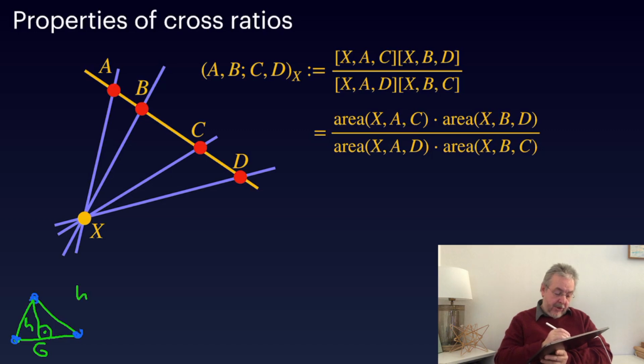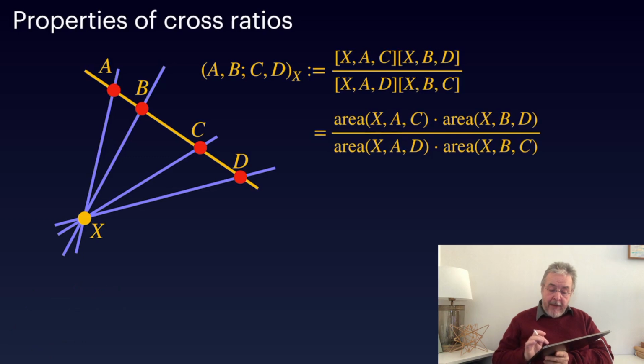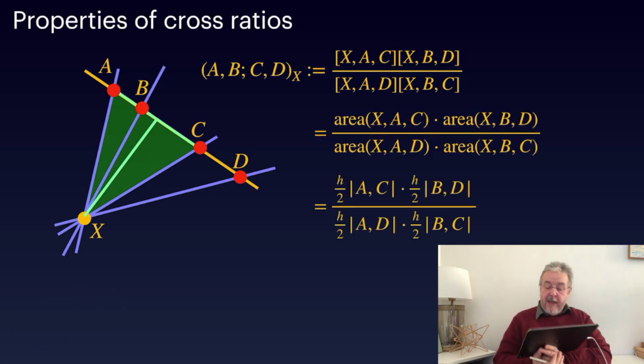So you get h times g divided by 2 for the area. So we can replace our expression of the area by that. So here I've drawn the triangle AXC, which plays a role here, and replaced it by that formula, and I did the same thing for all the other 4 areas.